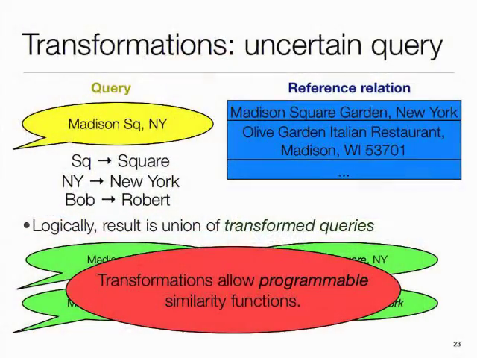The reason is it can capture similarity which is not captured by any textual method, or similarities which may not be amenable to the set containment world or the set similarity world. So this essentially lets us program similarity functions by just creating conceptually a relation which basically keeps information about synonyms.